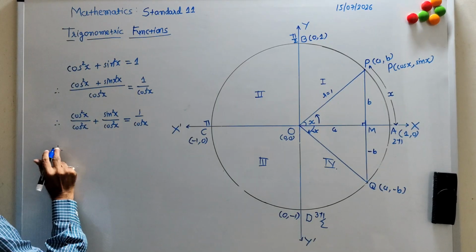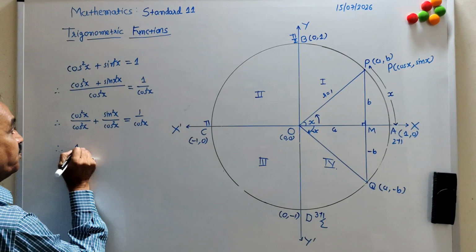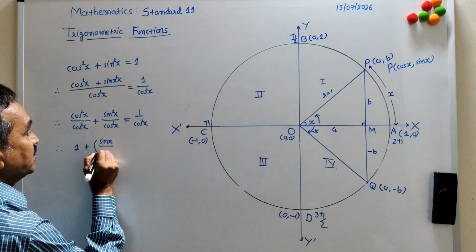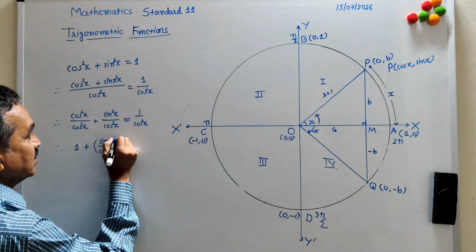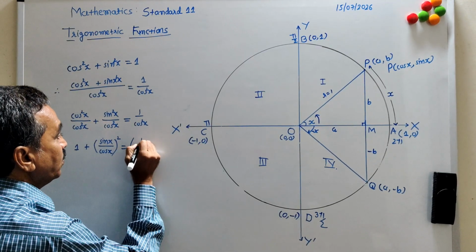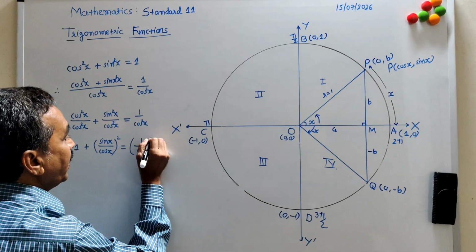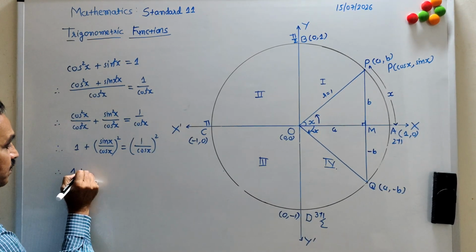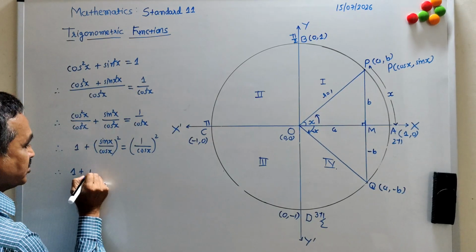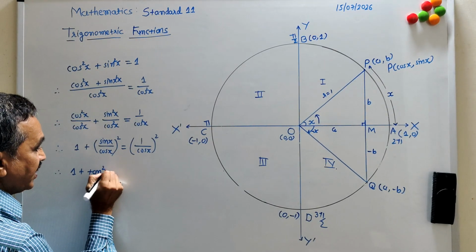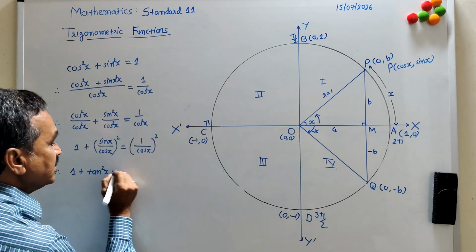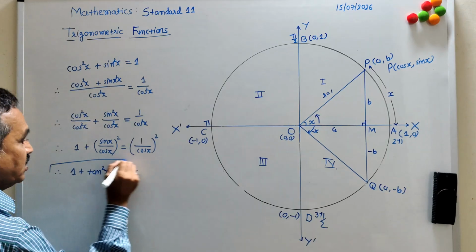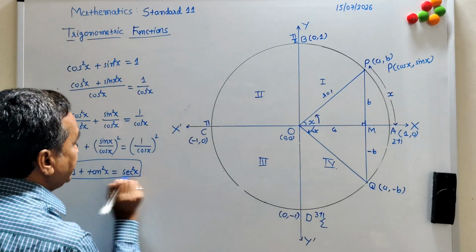Therefore 1 plus (sin x by cos x) whole square is equal to (1 by cos x) whole square. Therefore 1 plus tan square x is equal to sec square x. So this is our second identity.